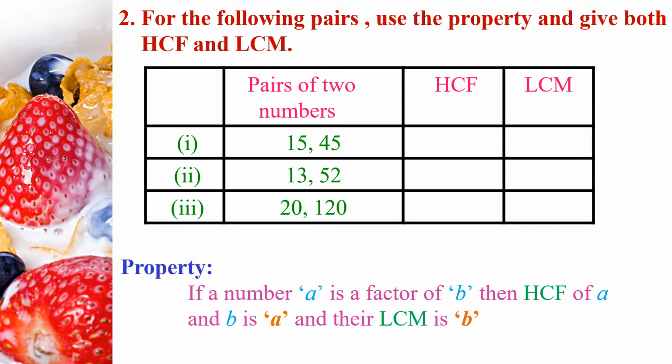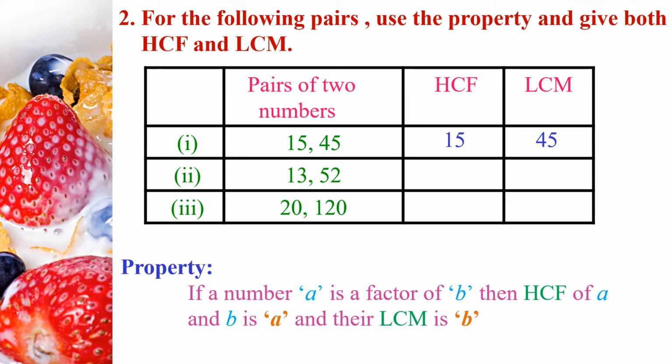So first sum we have 15 and 45. That is the factor of 45. Am I right? 15 is the factor of 45. So HCF is A, that is 15, and LCM is B, that is 45. Then second one, 13 and 52. Here 13 is the factor of 52.